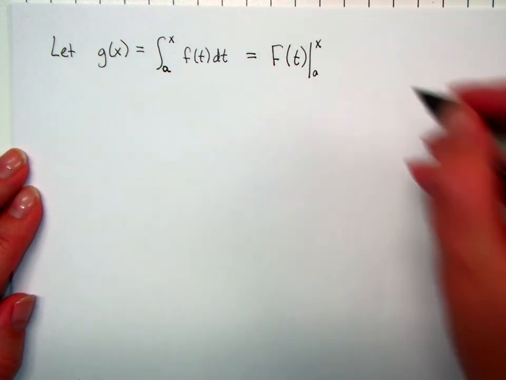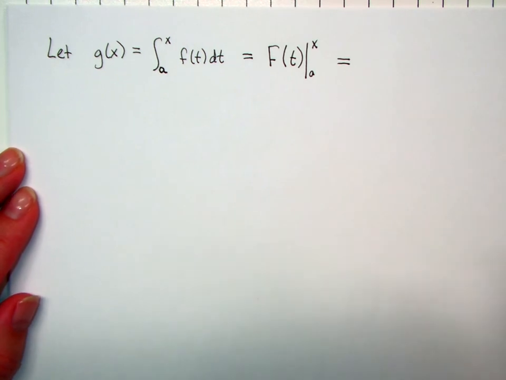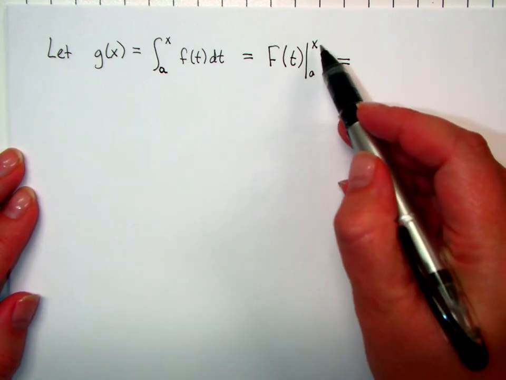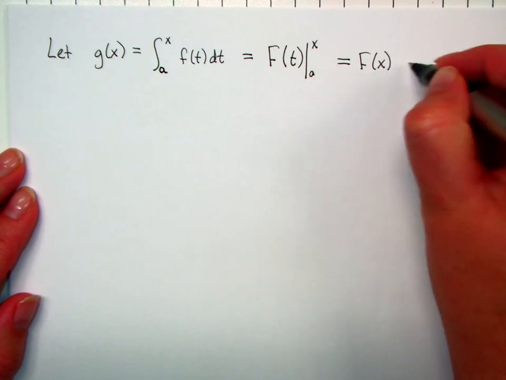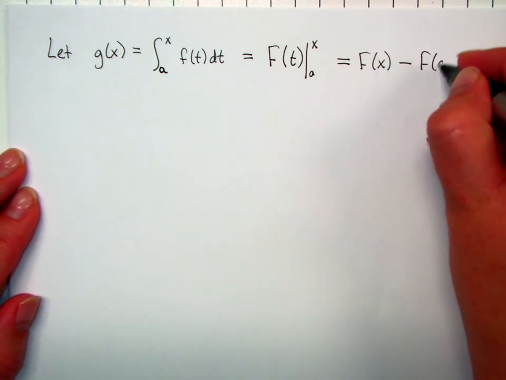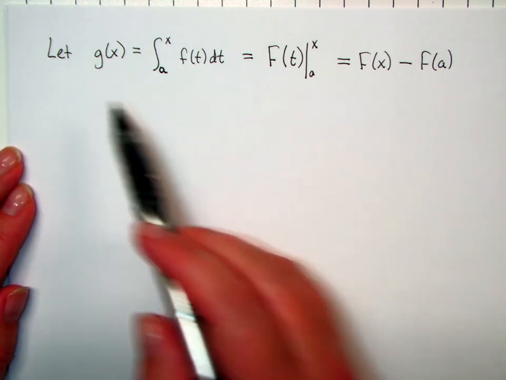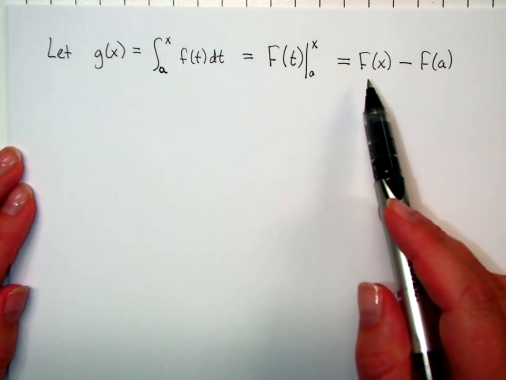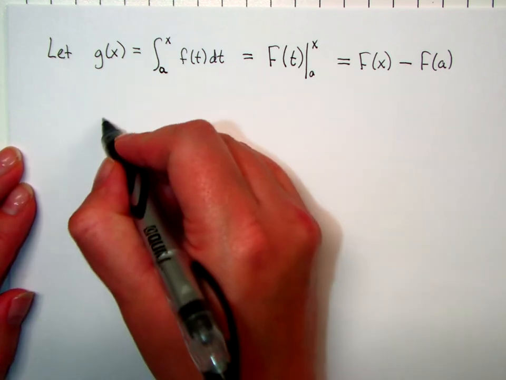The way we do that using the evaluation theorem is we plug in the upper limit into the antiderivative, and then we subtract from that the lower limit plugged into the antiderivative. So now we have g of x equals capital F of x minus capital F of a. Let me write that down here.